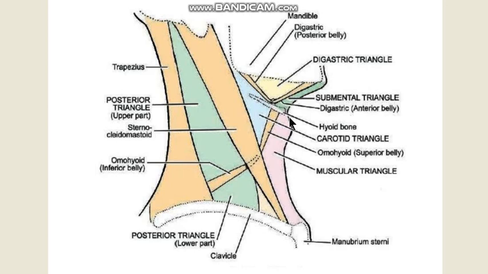So this is the anterior border, and behind and above you have the superior belly of the omohyoid, and behind and below you have the anterior border of the lower part of the sternocleidomastoid, and the floor over here is formed by the sternohyoid and sternothyroid. So you have both sternohyoid going right up to the hyoid bone and sternothyroid going just up to the thyroid and continued as the thyroid muscle.